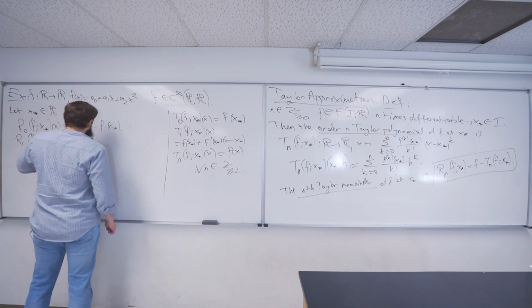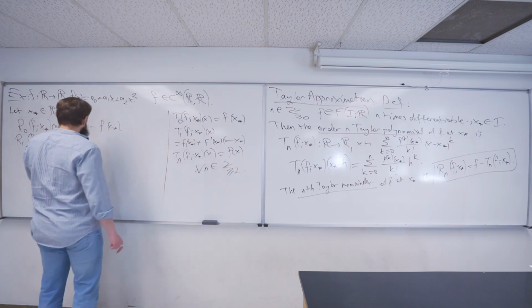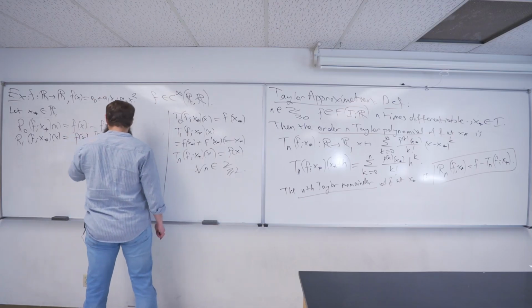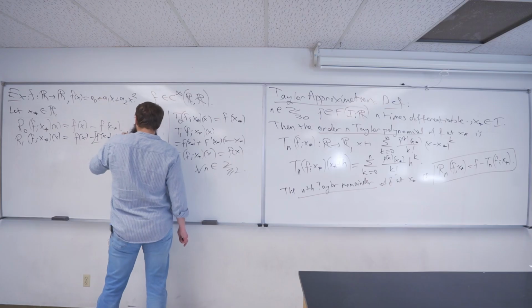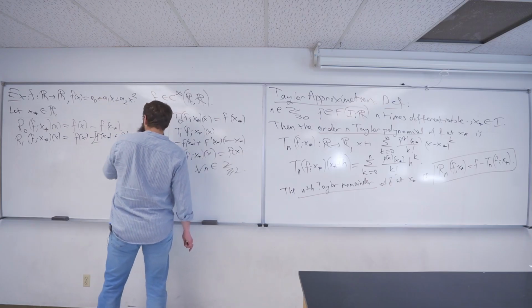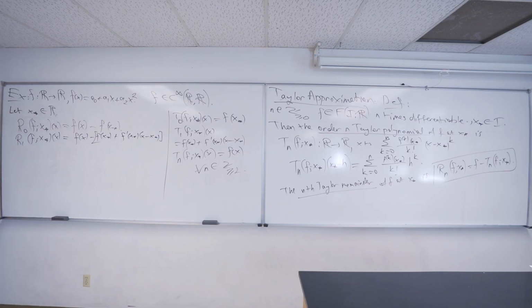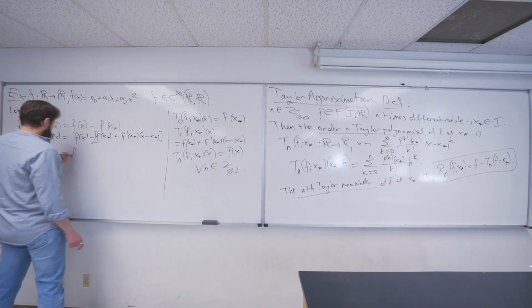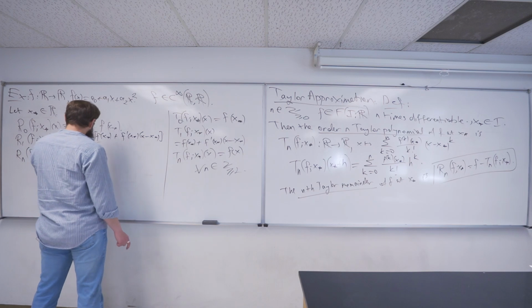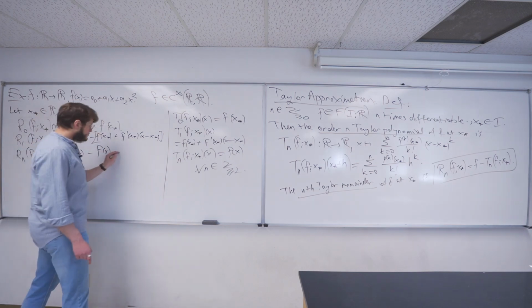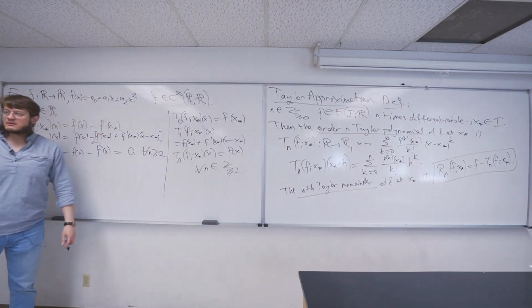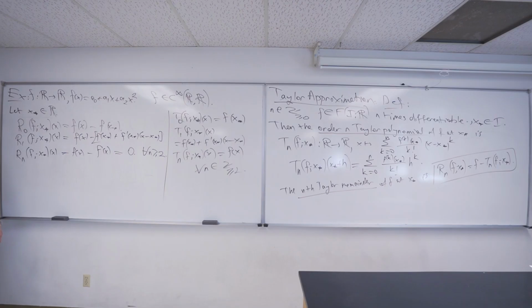Well, f minus T sub 1, which is this. Okay, what is R sub 2, or R sub n for any n at least 2? f of x minus f of x, which is 0.